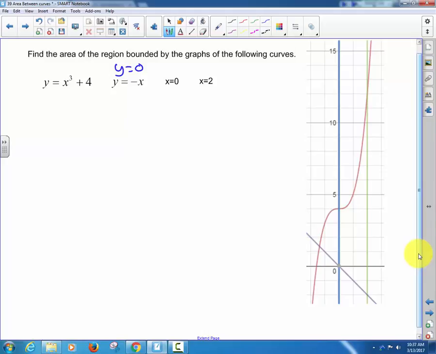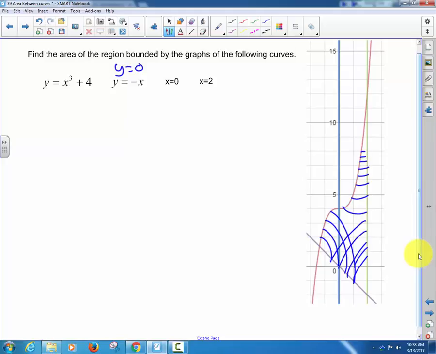What region are we trying to find the area of? We're trying to get above this, above the line y equals negative x, below the red curve, and to the left of the green line. This is the area that we're trying to find here.